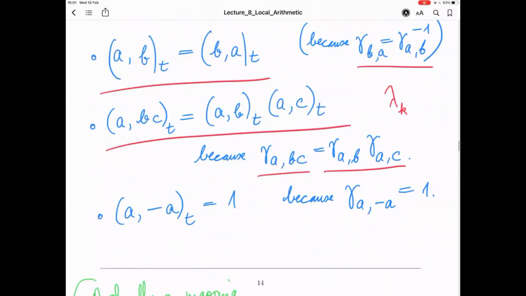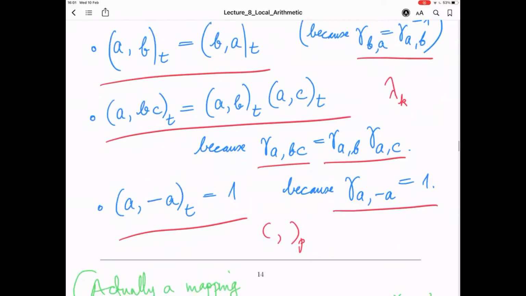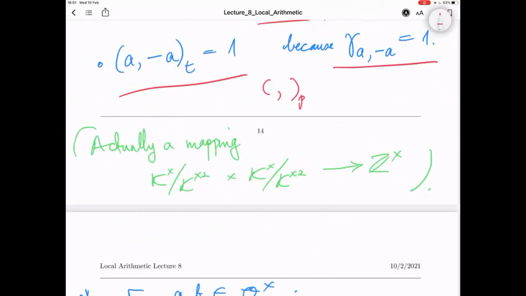That's because in this case, gamma_A,-A is equal to 1. And of course, we have all these properties for the p-adic Hilbert symbol as well, right? So because of the fact that squares don't matter, the Hilbert symbol is actually a mapping from K star modulo squares times K star modulo squares into Z star.